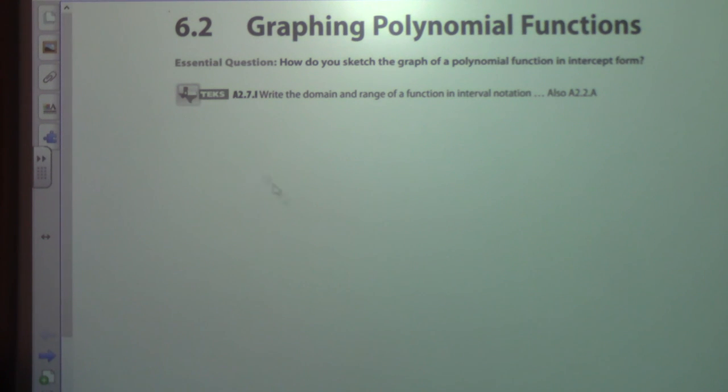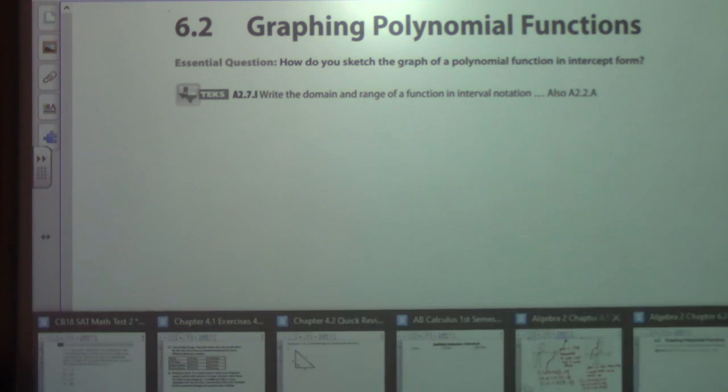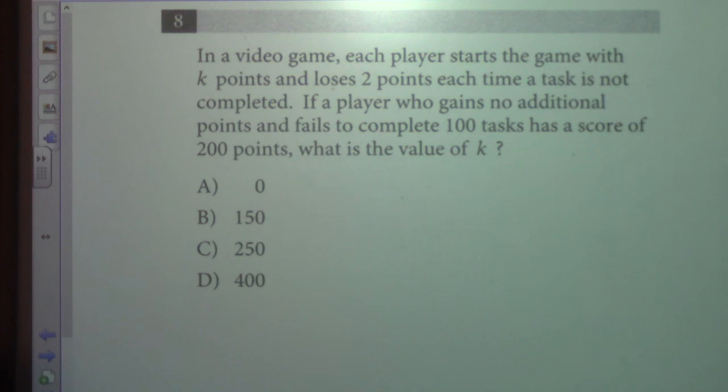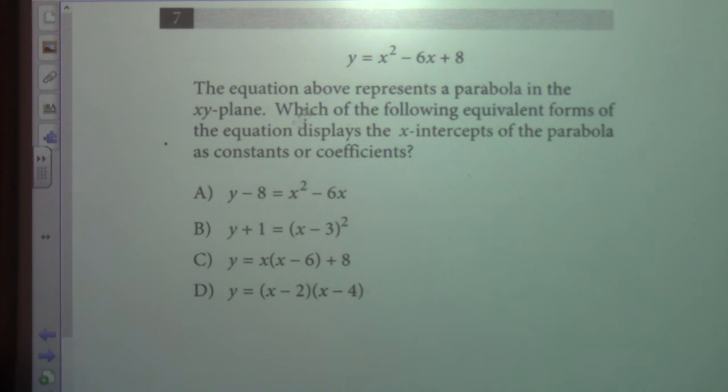Okay, tomorrow we start on section 6.2, which is graphing polynomial functions. How do you sketch the graph of a polynomial function in intercept form? We had a brief introduction to that yesterday in our SAT problem of the day, 7. Here we have y equals x squared minus 6x plus 8 in intercept form, and sometimes I'll call this factored form.